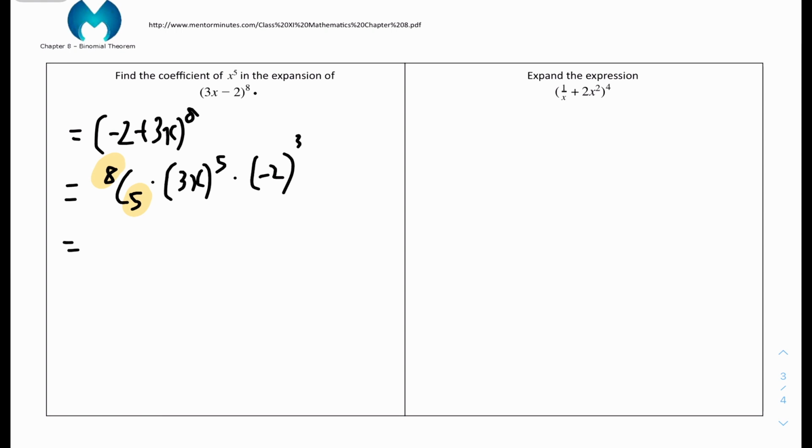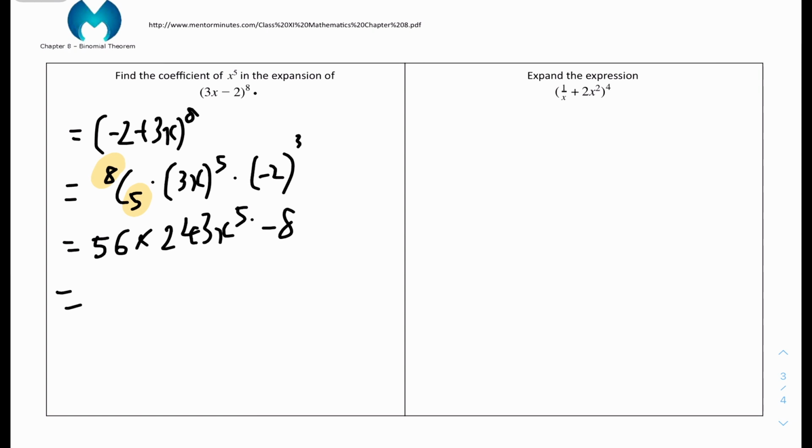So 8c5 is 56, times 3 to the power of 5, which is 243 x to the power of 5, and minus 2 cubed will be equal to minus 8.